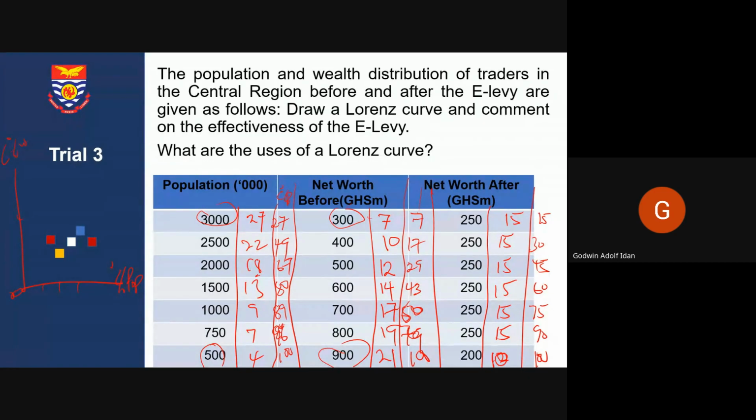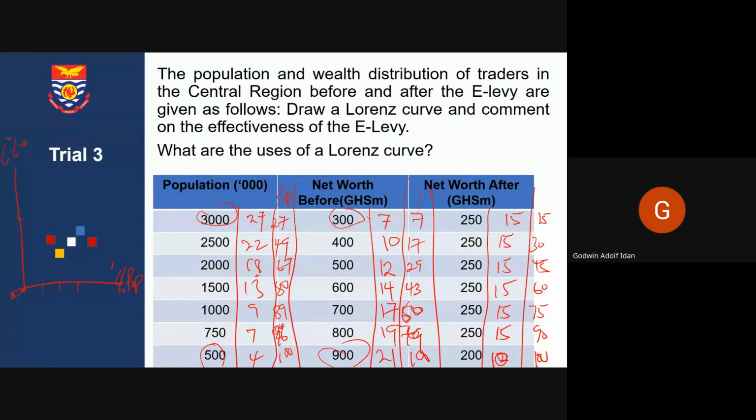If you want to streamline issues or activities very well, then things being equal, we should tax those who are receiving higher income as compared to those who are receiving lower income. So if you check it very well, the person receiving 900, after the e-levy is now receiving 200.